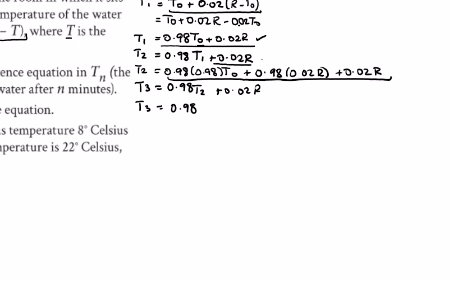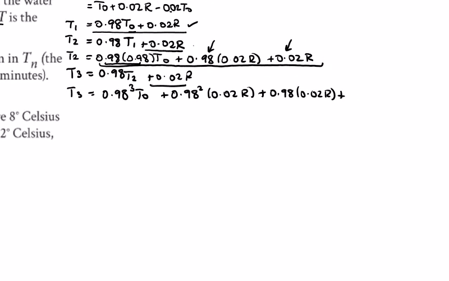So we have 0.98 by 0.98, so it's going to be 0.98 cubed by T0, plus 0.98 by this one, 0.98 squared by 0.02 R, plus 0.98 by this guy, and then plus the other 0.02 R.